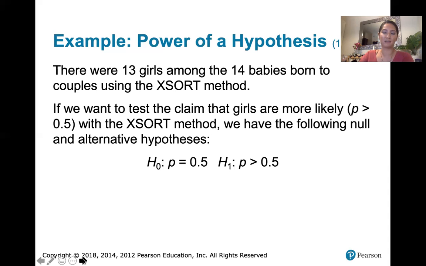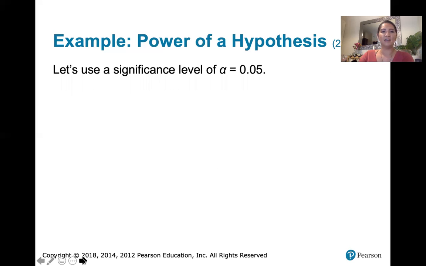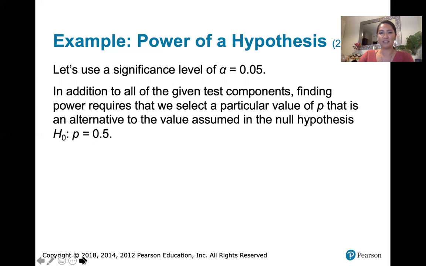Now, if we use a significance level of alpha equals 0.05, in order to find power, we need comparison values of the population parameter p as an alternative to the proposed value in the null hypothesis. So we're saying that that population proportion is 0.5.